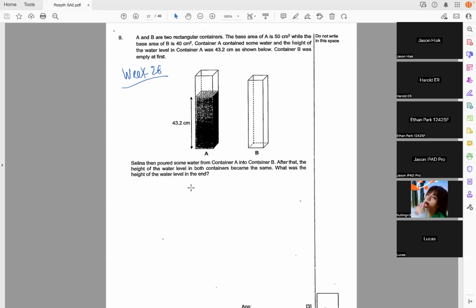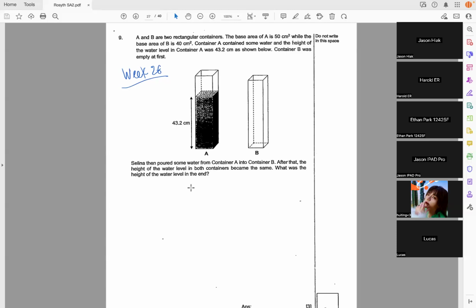So go look at week 26. The approach to solve this kind of question is very simple. Number one thing you must know is what is the total volume of water you're dealing with.